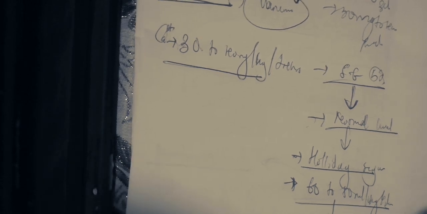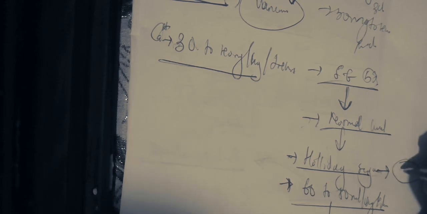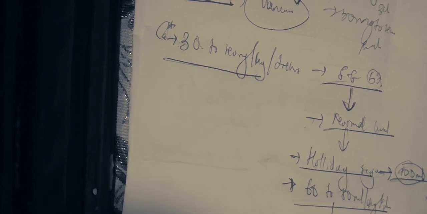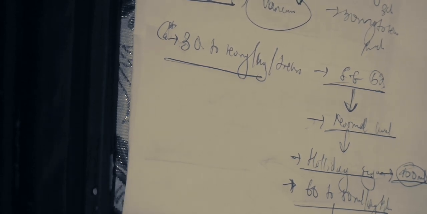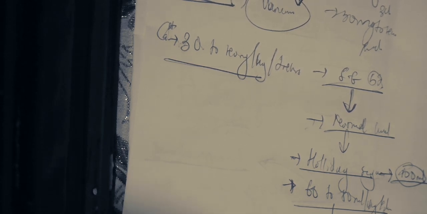Is it clear? In the Holliday-Segar, what you do is that for the first 10 kilogram you multiply by 100 mils in order to find the dosage. For the next 10 kilogram you multiply by 50 mils, and then for the above 20 kilogram you multiply instead by 20 mils per kilogram.